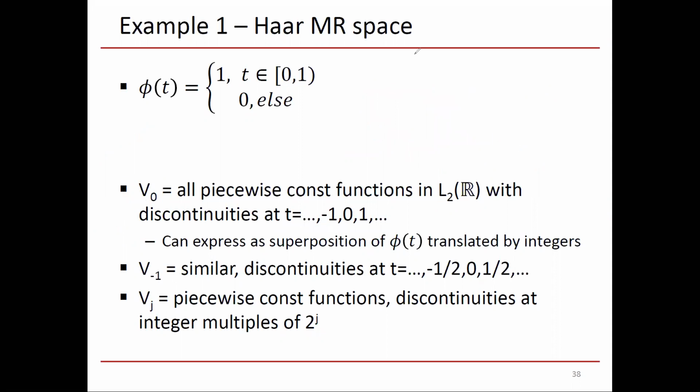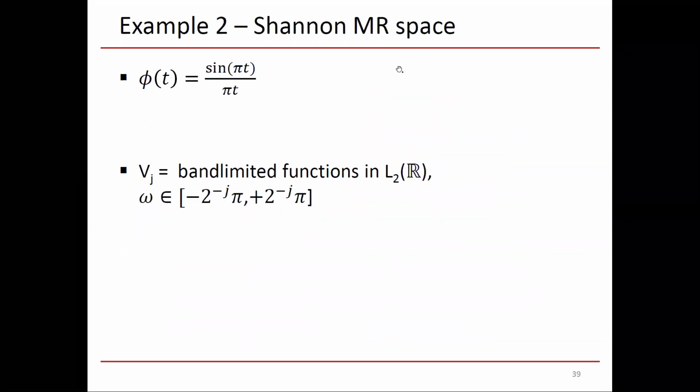So that was example number 1, and let's look at another example, which I'm sure you're quite familiar with, the Shannon multi-resolution space. So here, phi of t is actually a sinc function, sine of pi t divided by pi t.